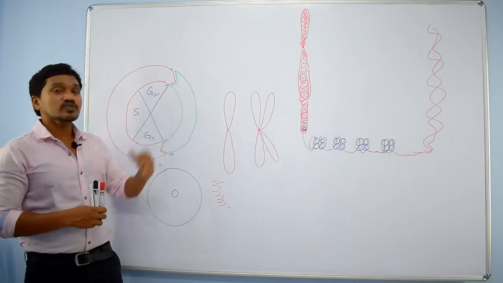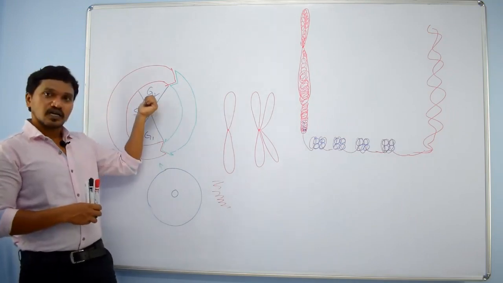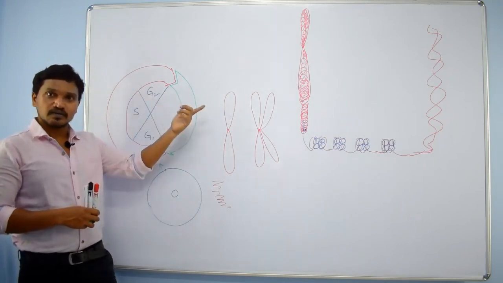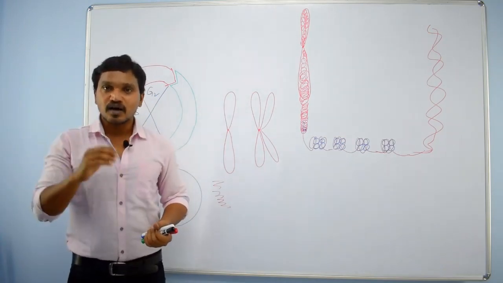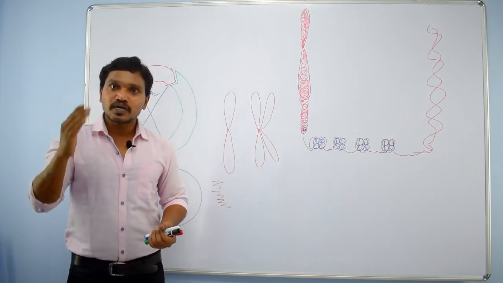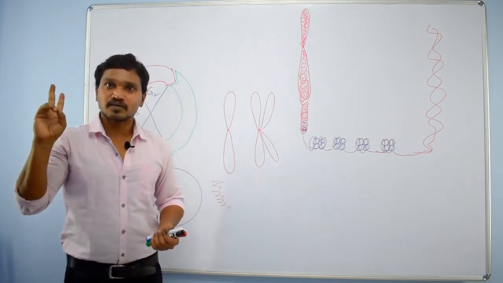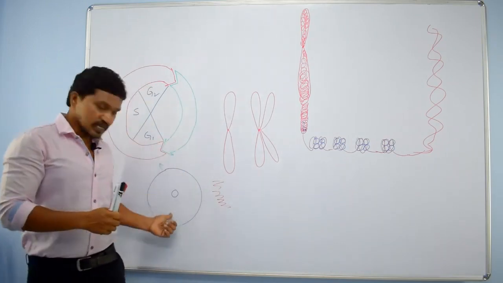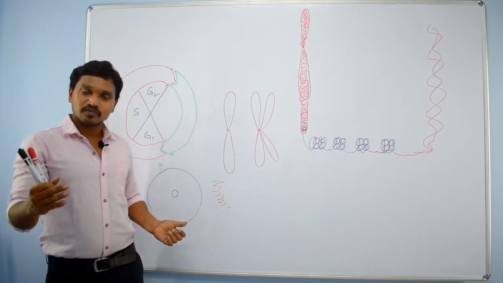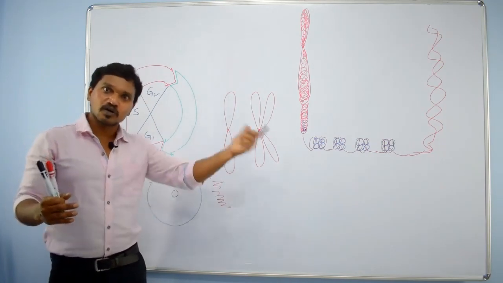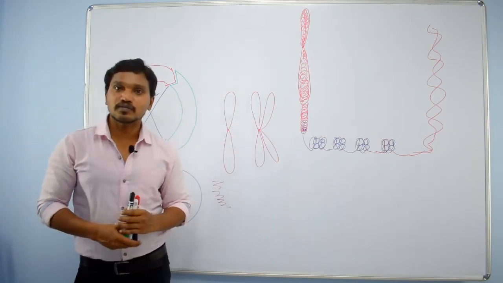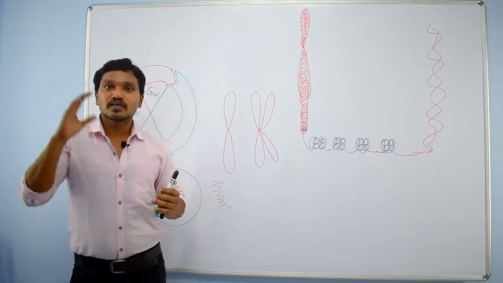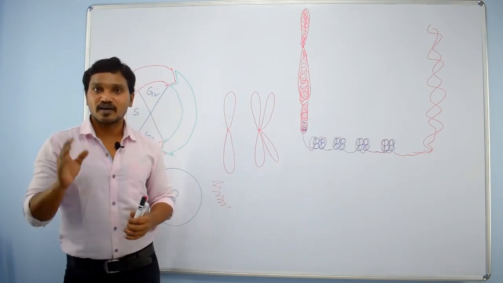So all those structures are doubled here. That means the organelles of the cell also become double. Why? This cell is going to divide into two. Organelles should be sufficient for two cells. So here growth will take place. That growth is the multiplication of organelles.